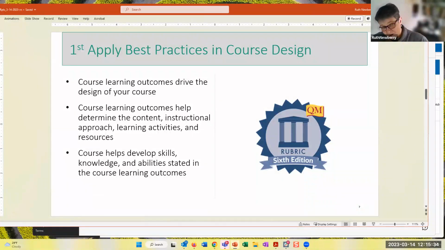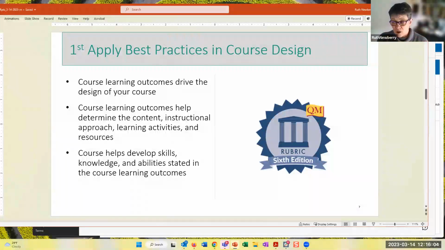In my past institution, when I was not in this role, which I've been in for 8.5 years, we too used the Quality Matters rubrics to help us design good courses. And really, Quality Matters, when you think about it, is built on and looks at your course learning outcomes. They then drive the design of your course.